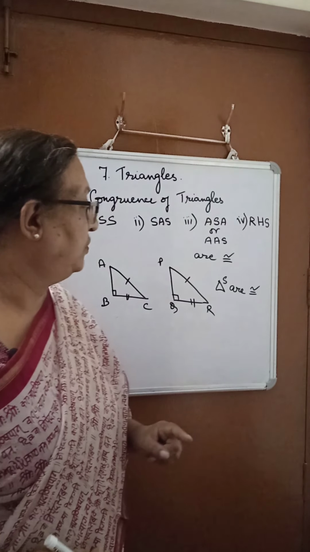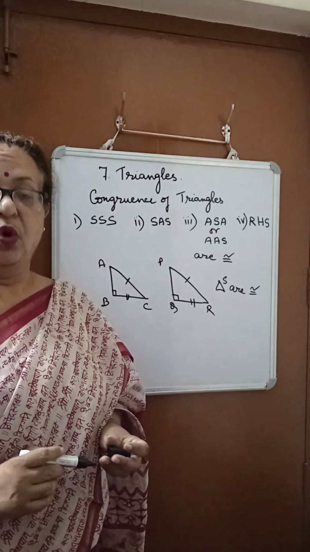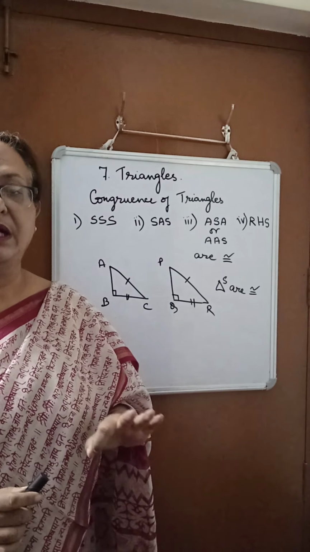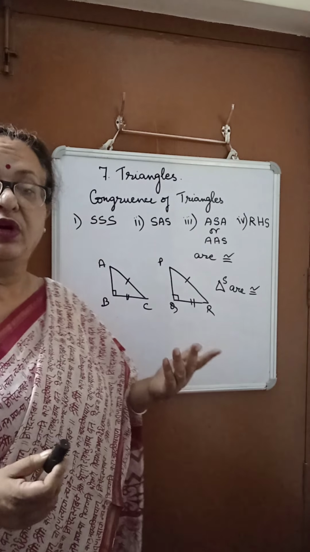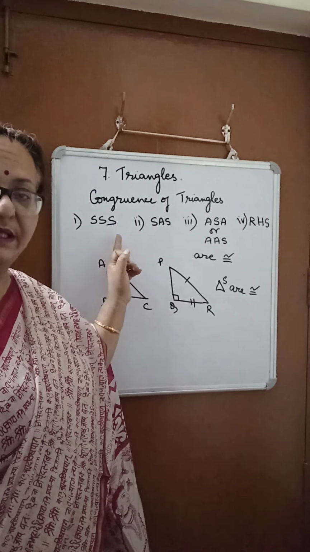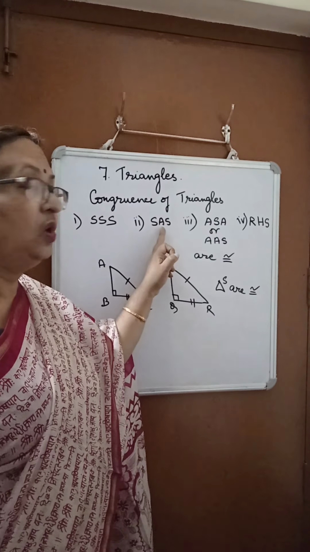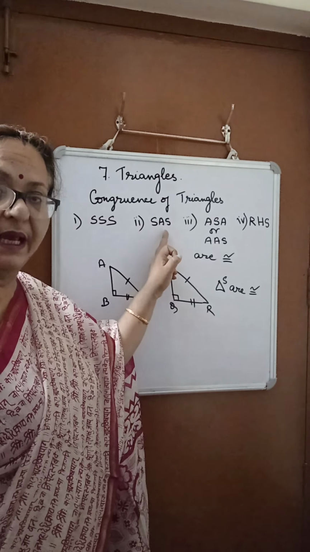So what you found is, to show two triangles to be congruent, you need to show minimum three parts to be equal. Then the triangles are congruent. And what are those? It can be all the three sides. It can be two sides and the included angle, that is angle between the two equal sides.